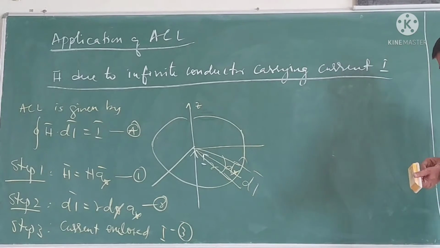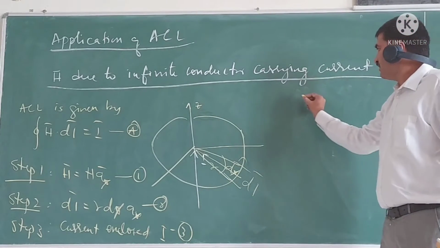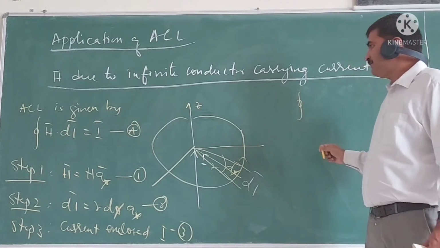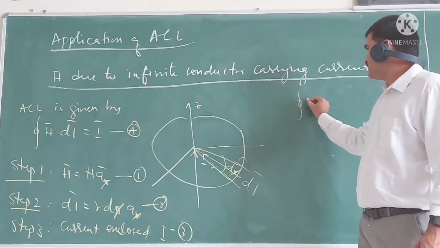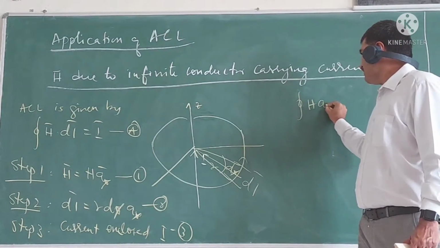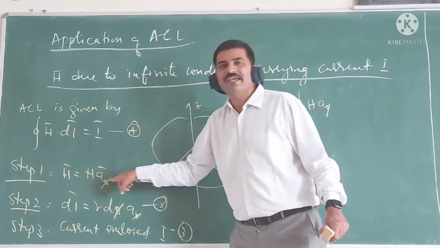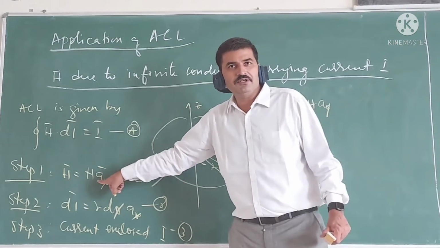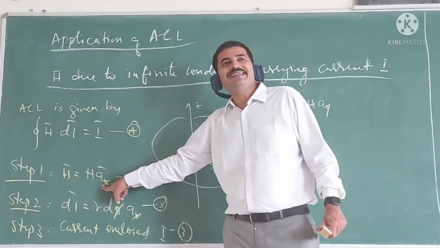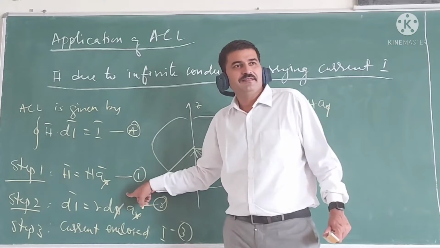See this. The line integral of H a phi, dot r d phi a phi, equals I. Shall I write H a phi or H phi a phi?